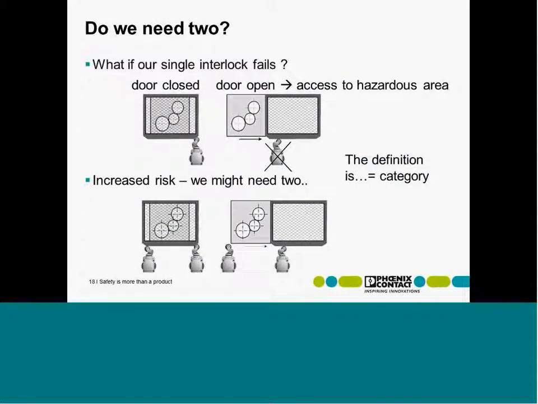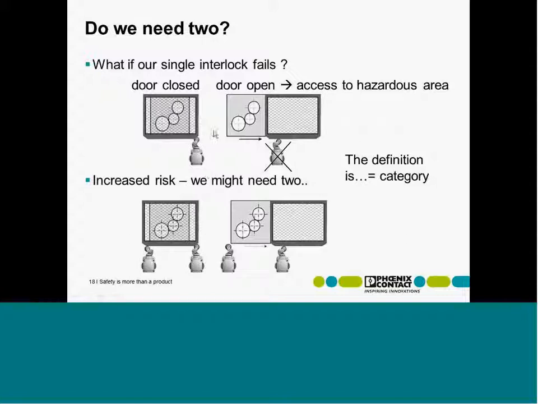To give you an understanding of what the category is in principle, you may have a look at slide number 18 now, where we see the aspects of the architecture, the structure of the circuit. That means the difference if I have just a single component like an interlock switch in the first application here. So you ask yourself what will happen in case of a failure.